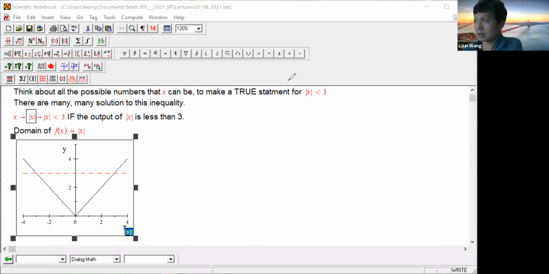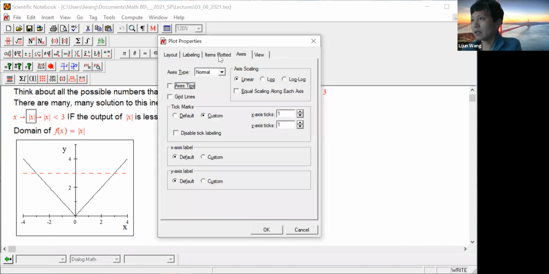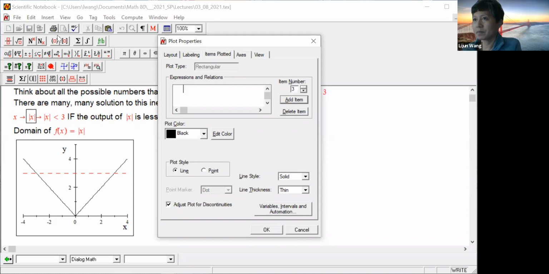So what it means is that you're going to have two points on the input. It's -3, 0, and this is going to be a red dot and circled. And there's another one, another red dot circled.